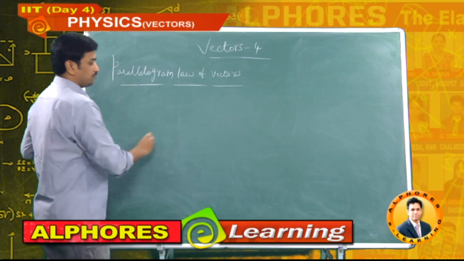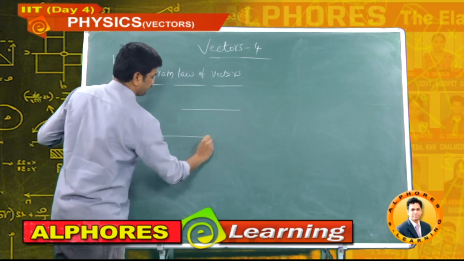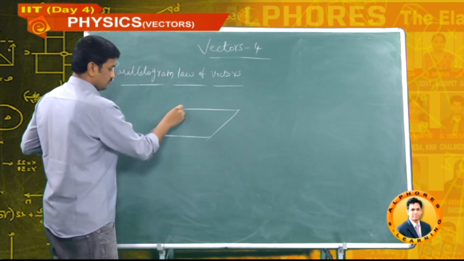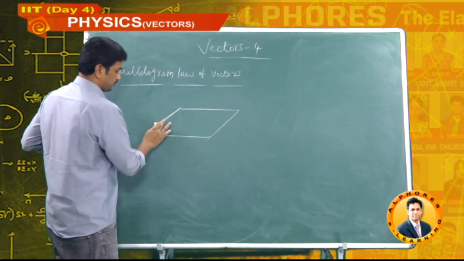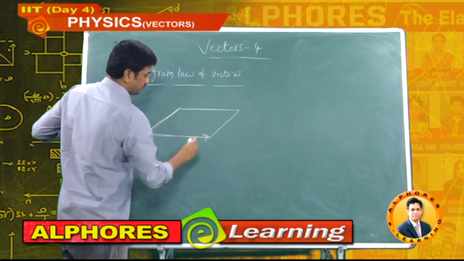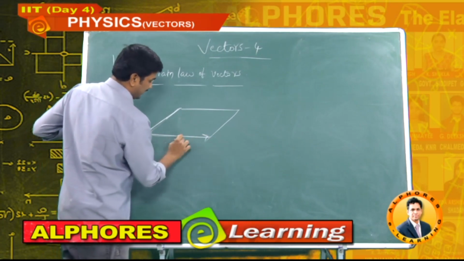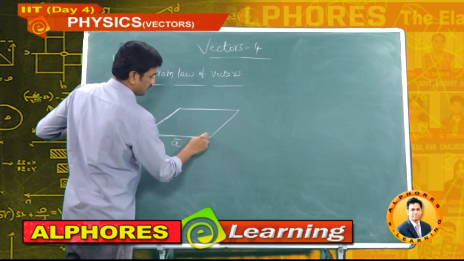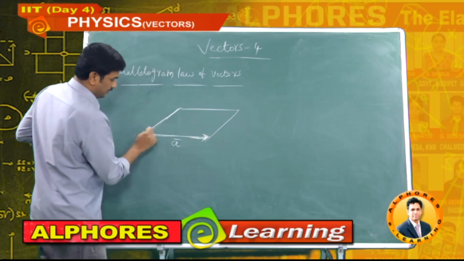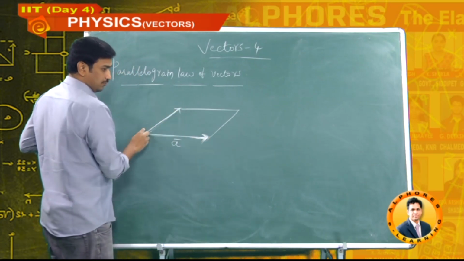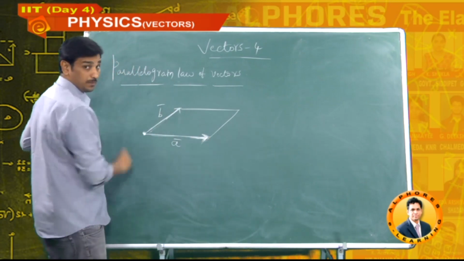See, parallelogram, as per the name. A bar is one side of the parallelogram, with tail and head. One more side of the parallelogram is B bar.